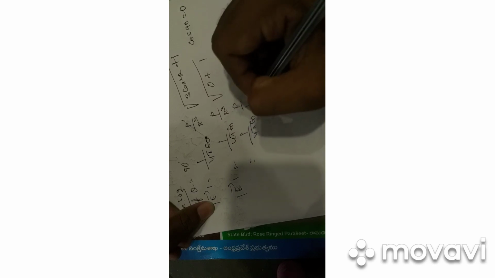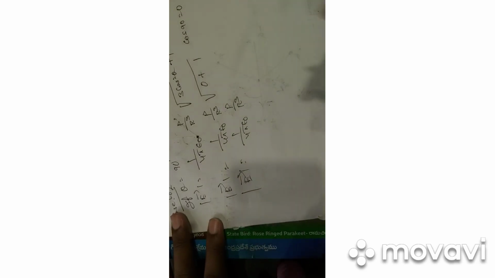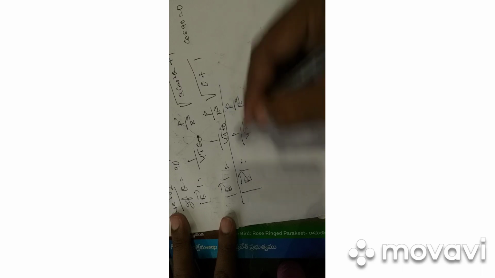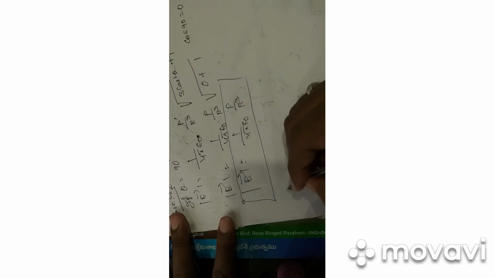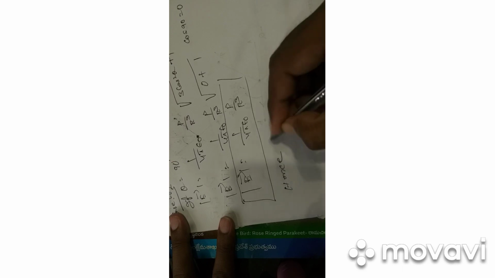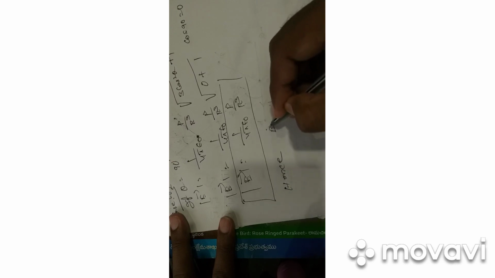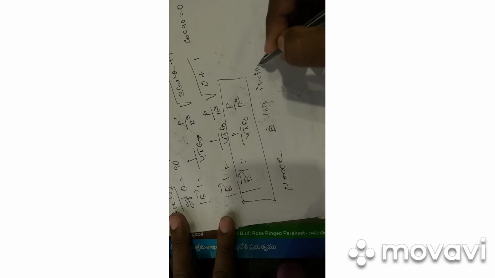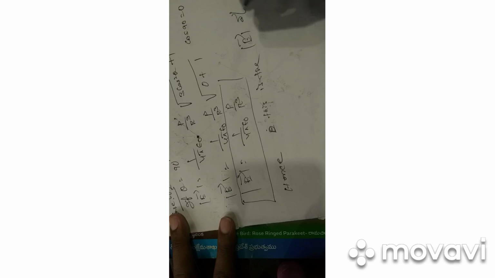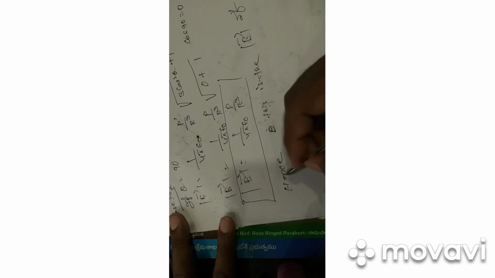That implies the magnitude of E equals 1 by 4 pi epsilon 0 p by r cube times the square root of 0 plus 1, which is 1 by 4 pi epsilon 0 p by r cube. So this is the resultant electric field on the equatorial line. Hence, this is the magnitude of the electric field intensity on the equatorial line.